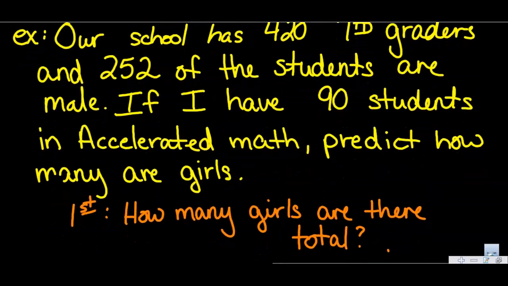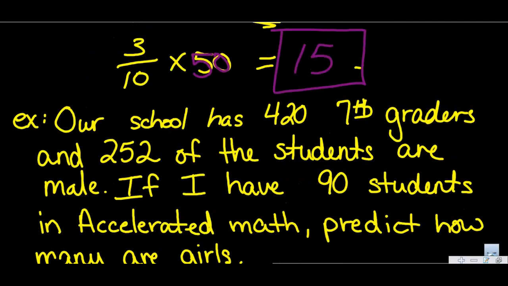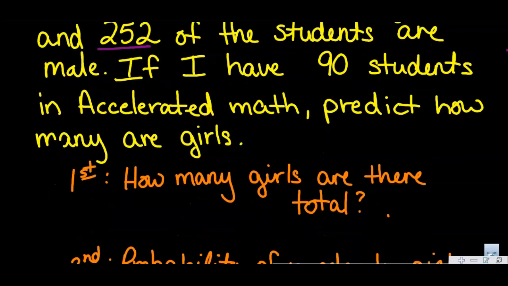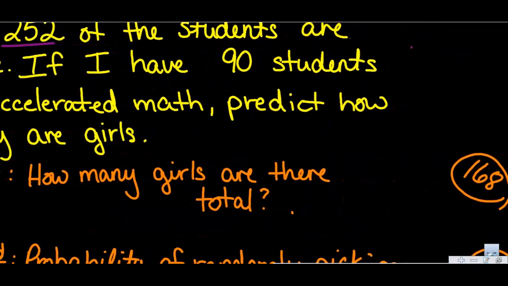In order to do this, I'm first going to ask myself, how many girls are there total in 7th grade? I know that there are 252 boys and 420 total students. 420 minus 252 gives me an answer of 168.